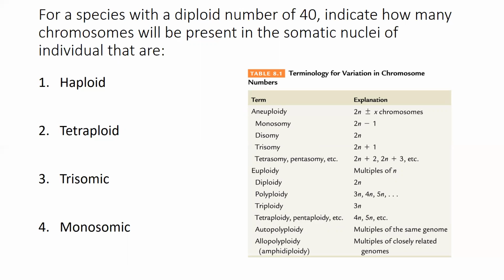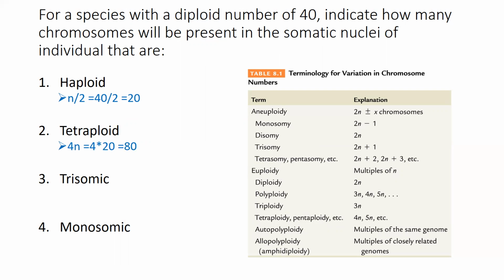The diploid number is double the haploid number, right? So we would do the 2n value divided by 2, which is 40 divided by 2, right? So then you have 20, right?